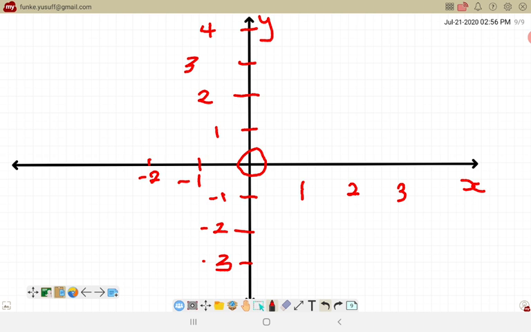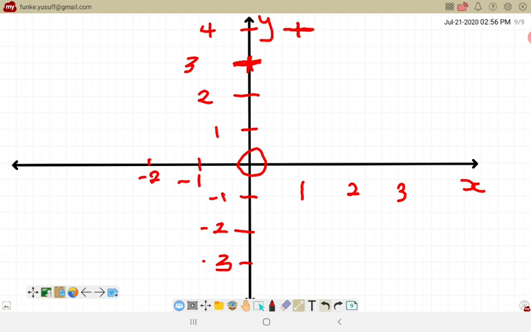When x is 0, y equals 3. So at this point, this is 0, y equals 3. We have a point here. When x is 1, y equals 4. So this is point 1, y equals 4. And another point, when x is 2, y equals 5.